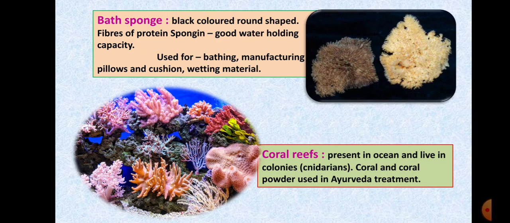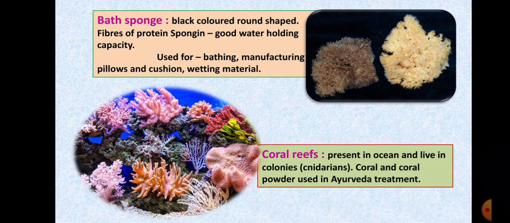And these corals belong to the Cnidaria phylum that we studied just now. The precious stone is called coral, or in Marathi it is called pora. You might have seen it. And the coral powder, that is bhasma, the powder made out of coral, is used in Ayurvedic treatment.